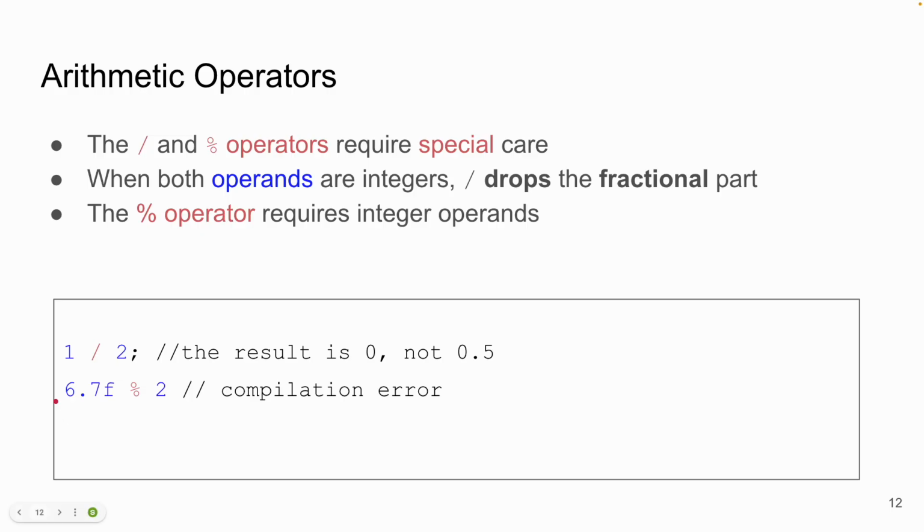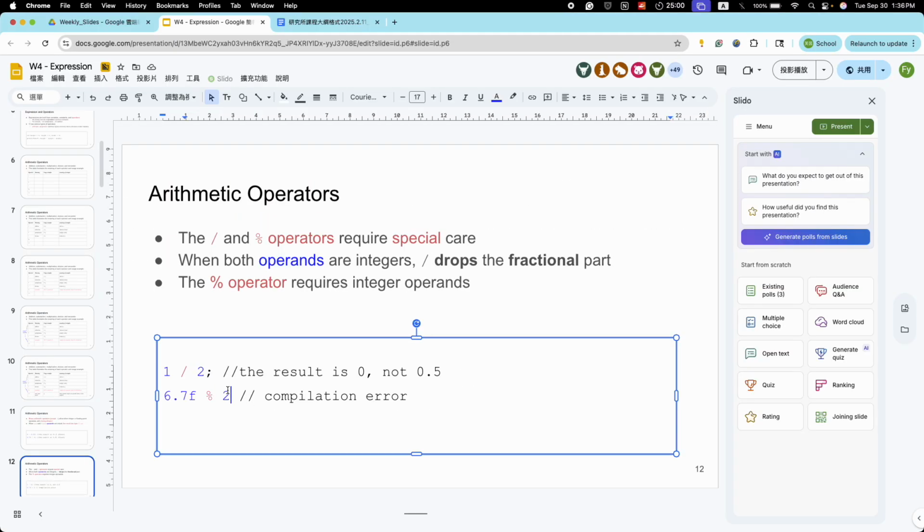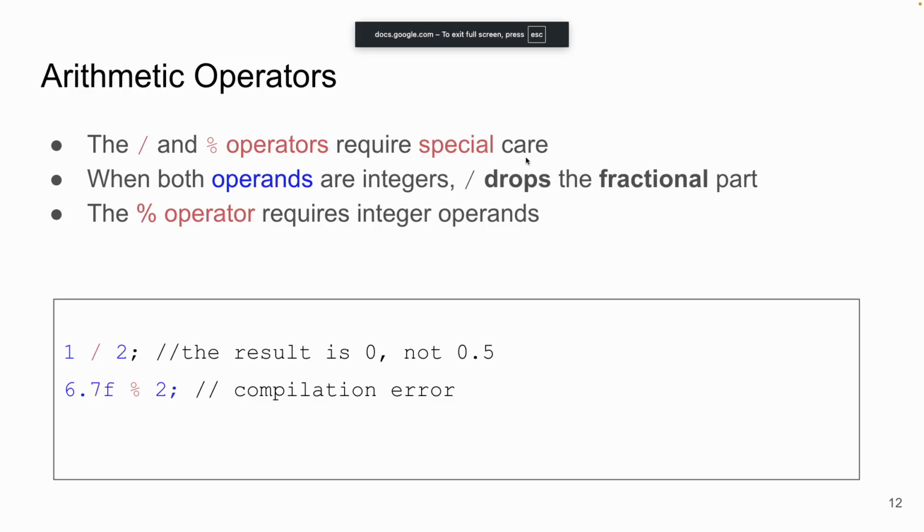If we write something like this, it is wrong, and you will get a compilation error. Okay, let me add the semicolon back. So if you see any expression that uses a floating point value or floating point variable with the remainder operator, then you should know that this program will not pass the compiler, because you will get a compilation error.